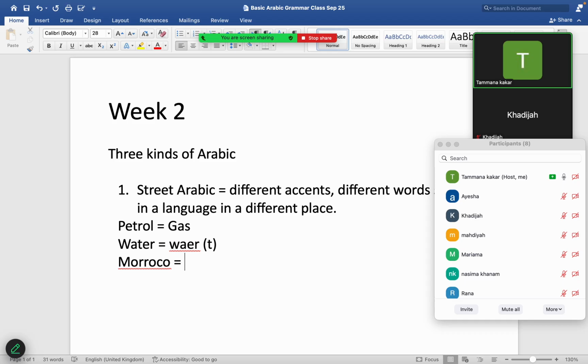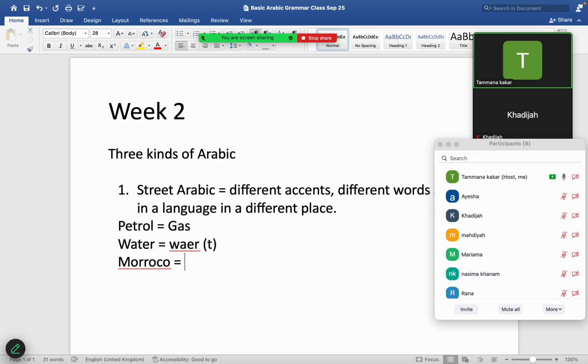What I'm talking about is not the formal Arabic or formal English. It's about accents, words and meanings being different for them. So that is street Arabic, or in our terms street English. The way our English is different, similarly their Arabic is different. Why am I doing this?